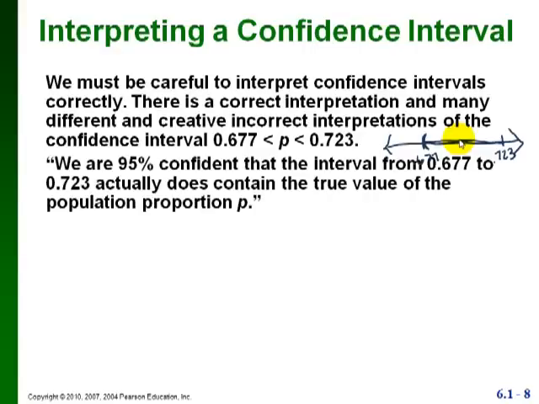Now what the confidence level tells us is that we're 95% confident that this interval actually does contain the true population proportion.